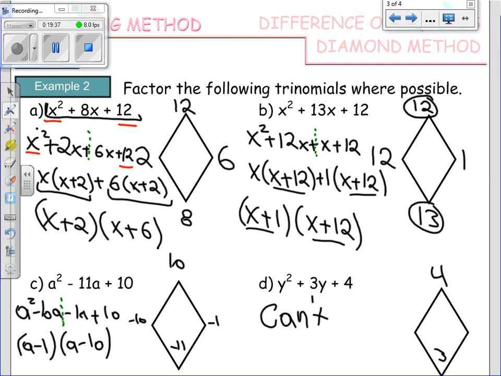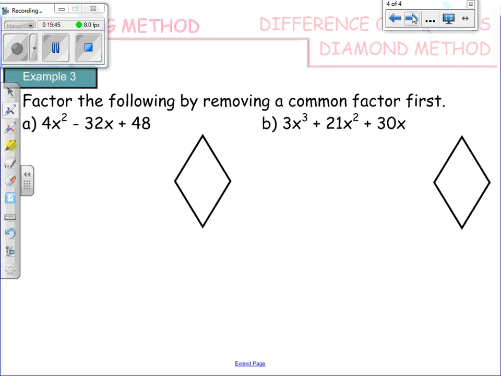Okay, we're almost done. Now we're taking it one step further. So now we're going to combine every one of our factoring lessons.